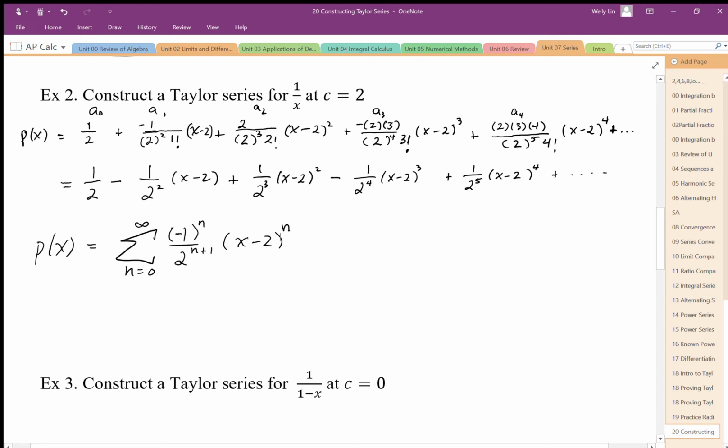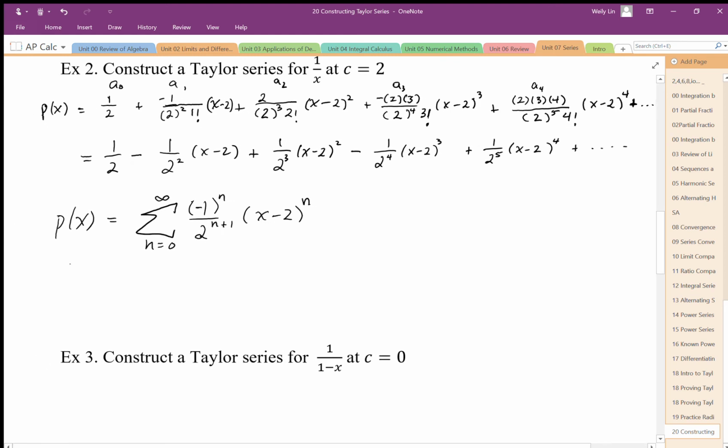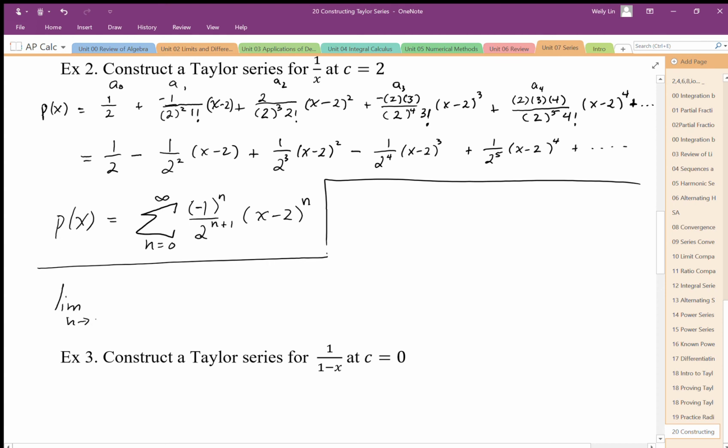It doesn't ask for us to test for the interval of convergence, but let's maybe do that. I don't know if I can fit that in there, so I'll just do it separately. So limit as n goes to infinity.